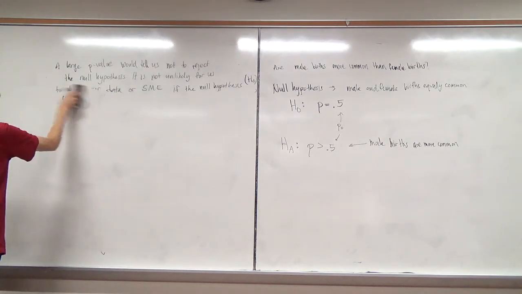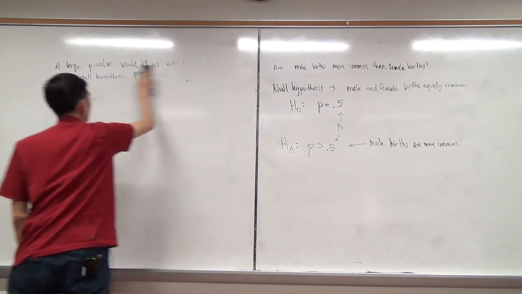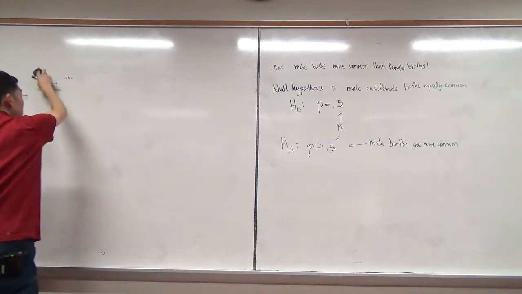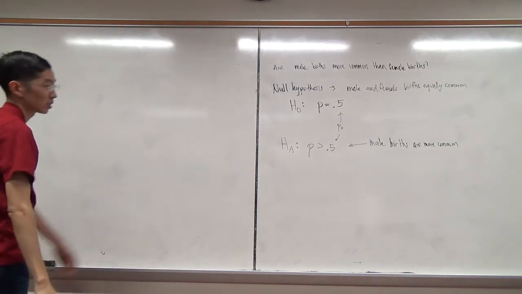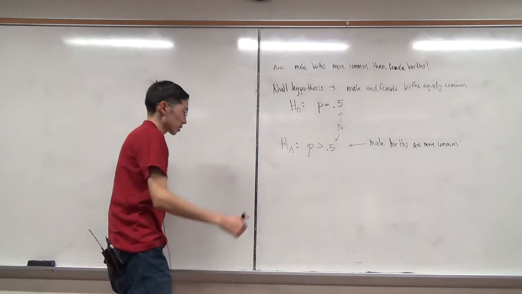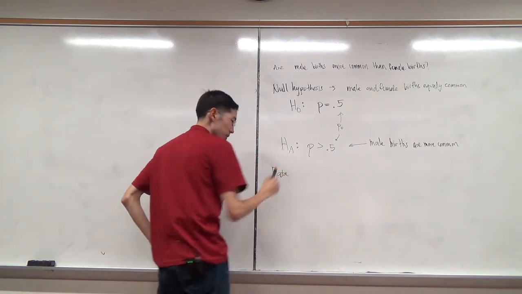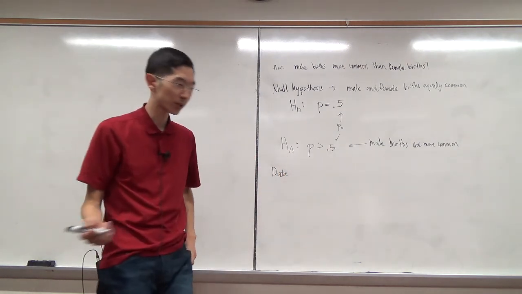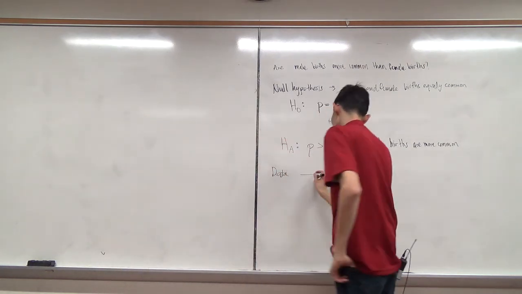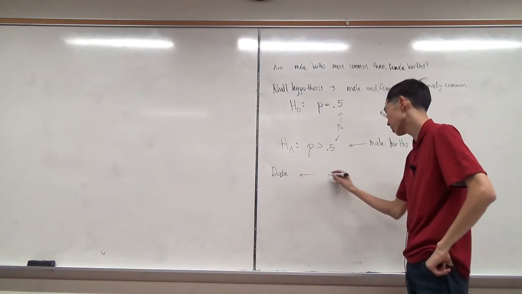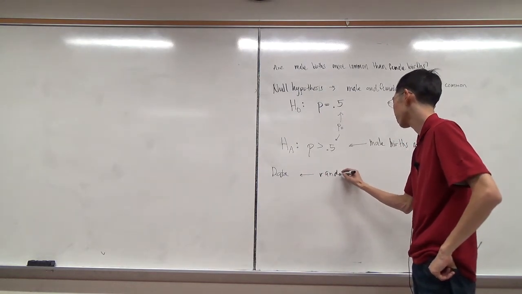So then we have to gather data to see if we have any evidence to support or reject our null hypothesis. Okay, so let's say we gather a bunch of birth records from a bunch of hospitals. Okay, random selection of birth records.